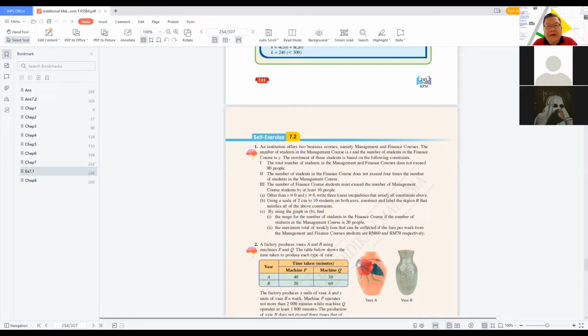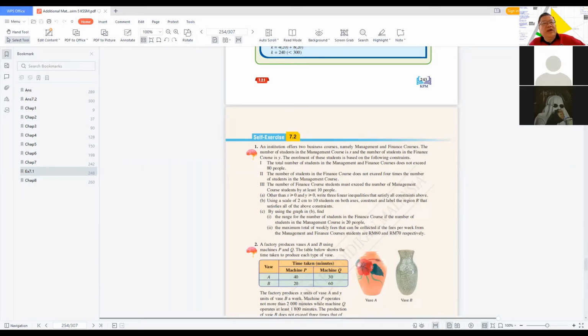Now, first of all, you must know how to identify the two types of things in the question. If in the exam you cannot identify the two types of things, whether two types of courses, two types of fruits, two types of houses, then don't do this question, right? By looking at the question, I can easily identify them because they give me X number of students in the management course.